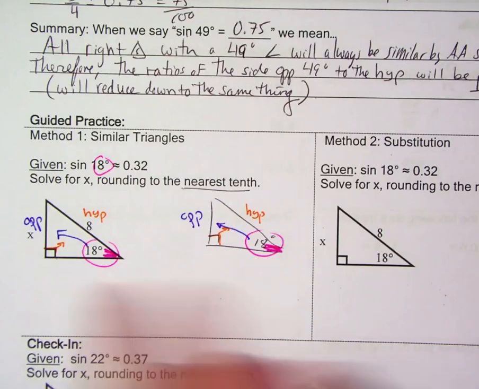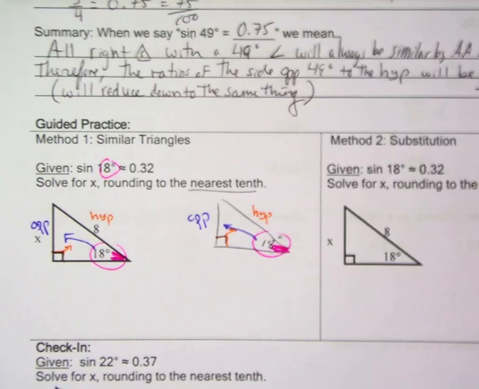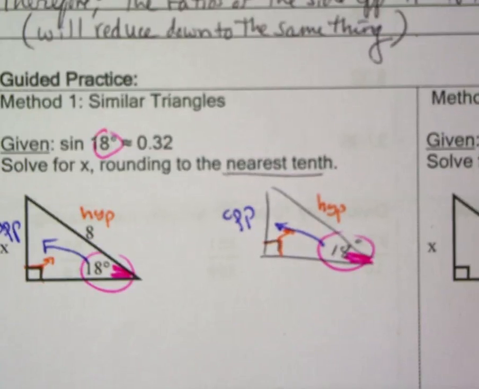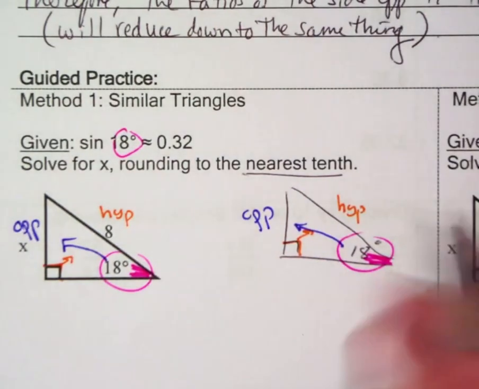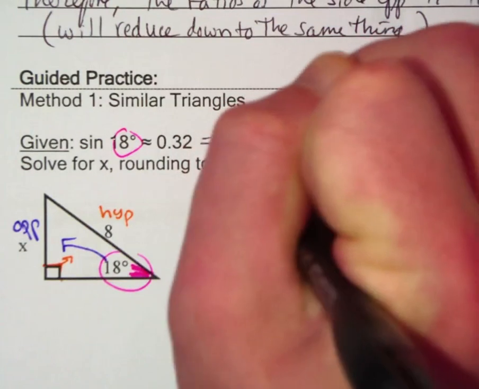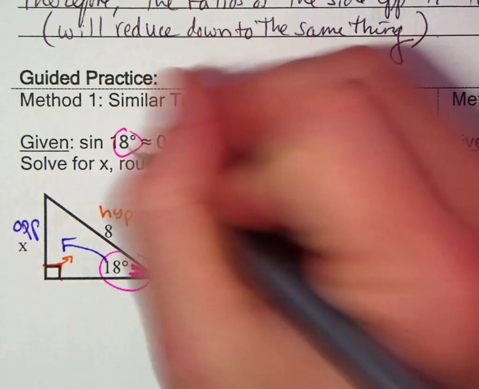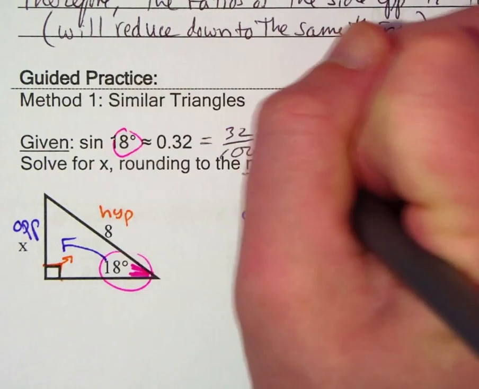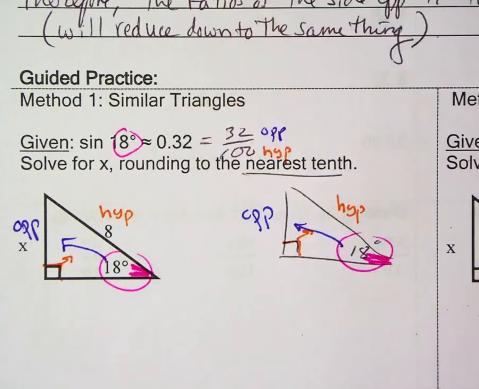I can put the adjacent in too if I want, but I'm not using the adjacent. That's why I haven't done it yet. And let's see. In this case, it says 32 hundredths. So I can put 32 over 100 because it's sine. Sine is opposite over hypotenuse.